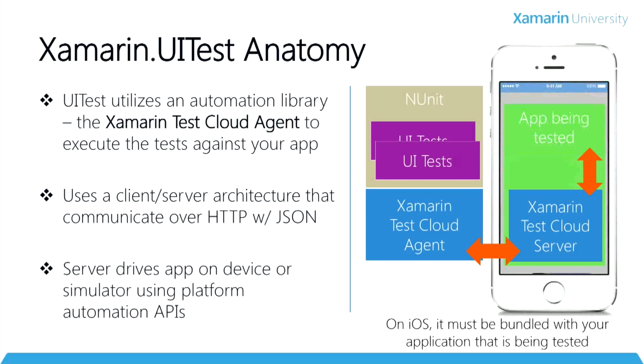On iOS, the architecture is a bit different. The server is actually bundled into your application that's being tested using either a NuGet package or a native component, which we'll see in a moment. Since it's integrated into the application bundle, it can drive and control the application, as directed by the client-side agent and your UI tests.